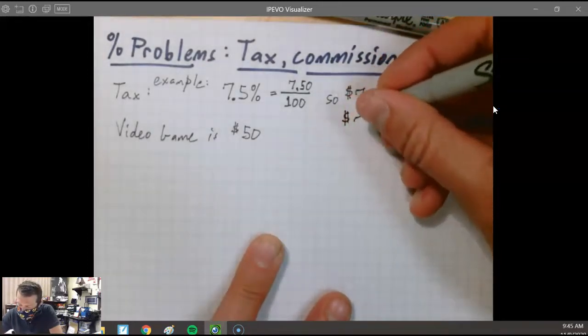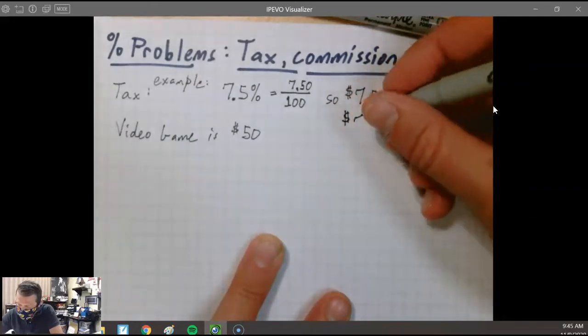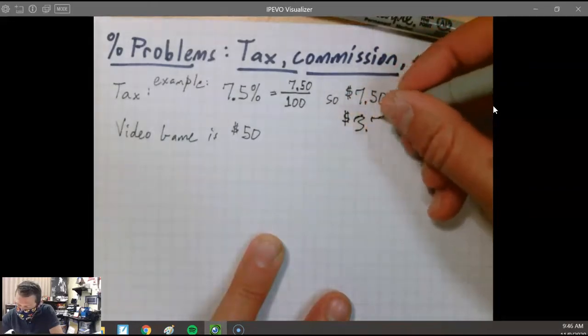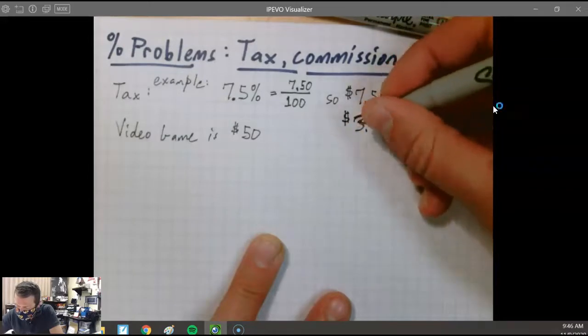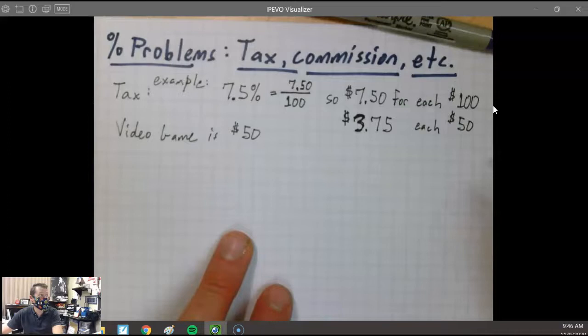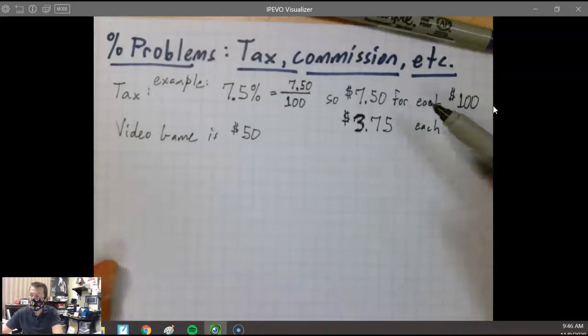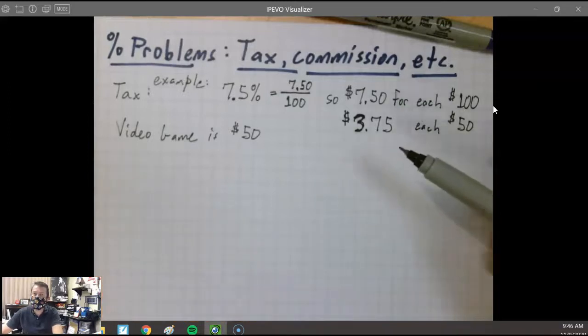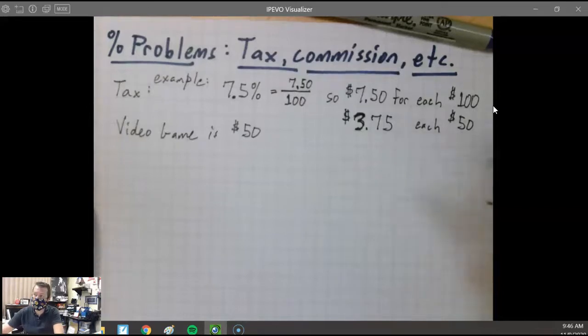And Lacey, you said this is what? It's $3.75. Sorry, my brain started making a 7 over there. That's a 3. $3.75 for each 50. Now, here's how we can do the math, though. How do we calculate it?